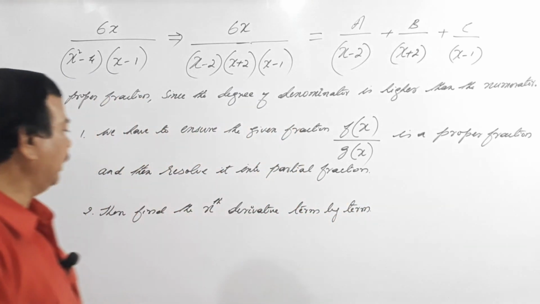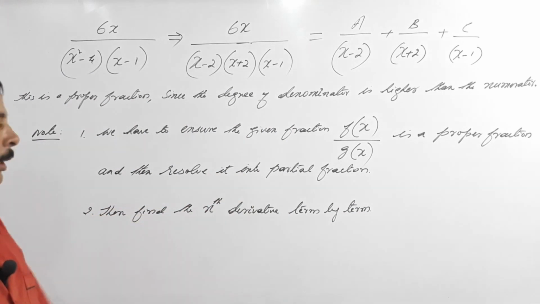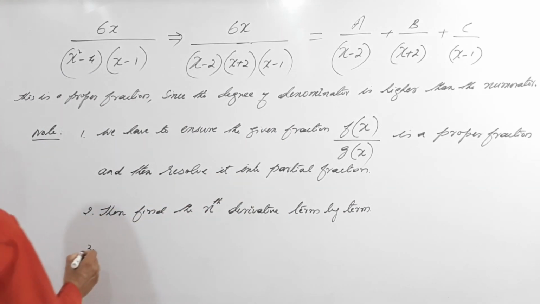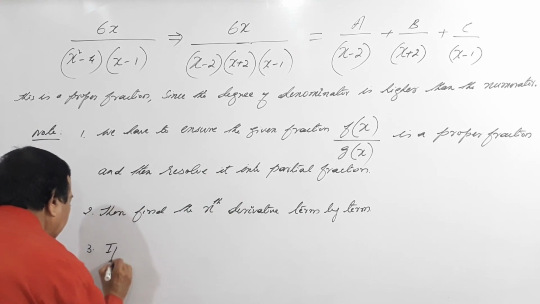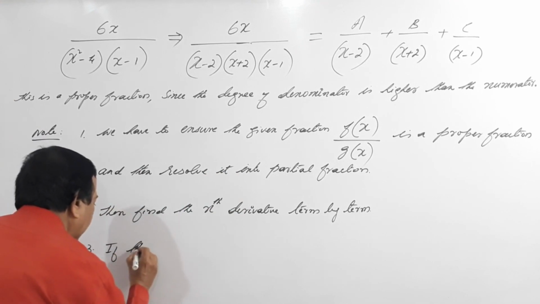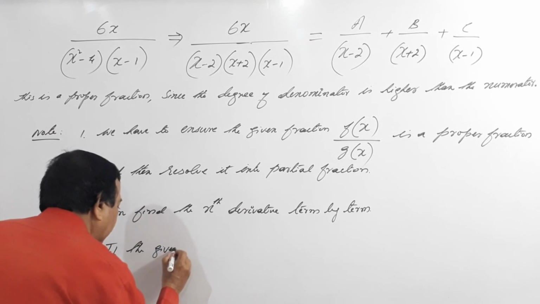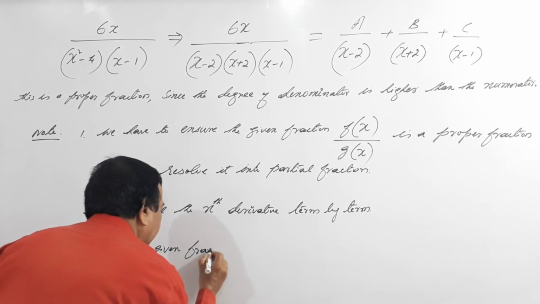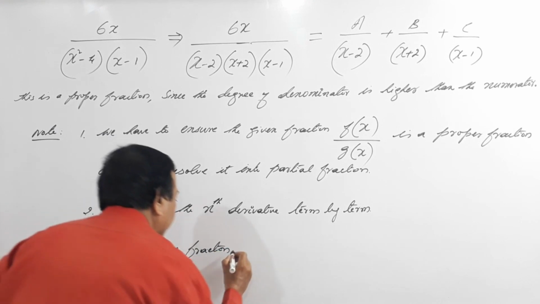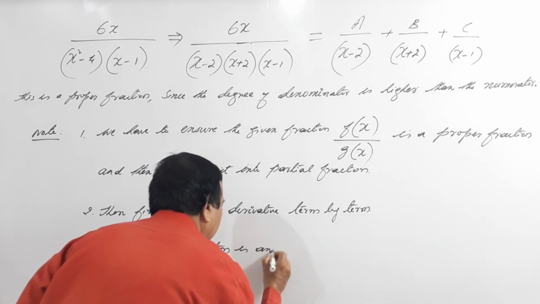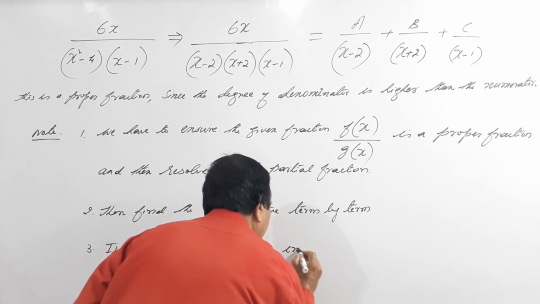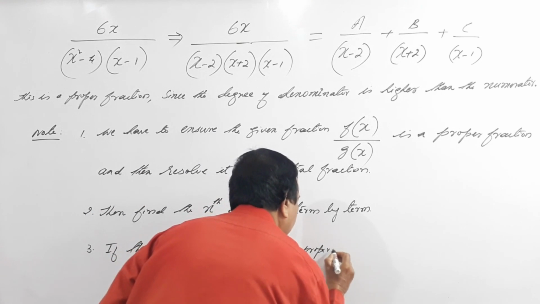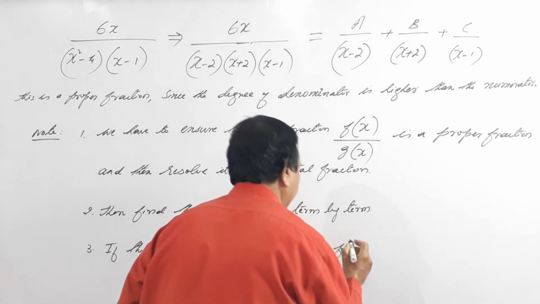So later on we have to find the nth derivative of it term by term. Third point, if the given fraction is an improper fraction.